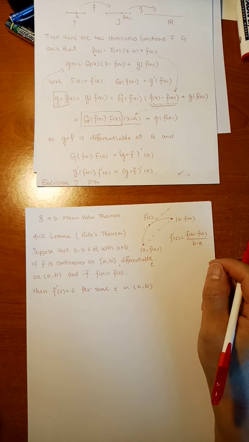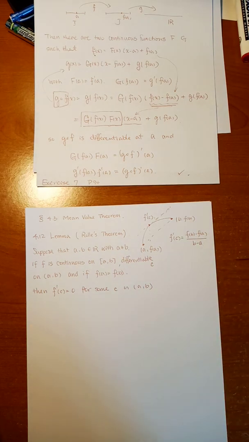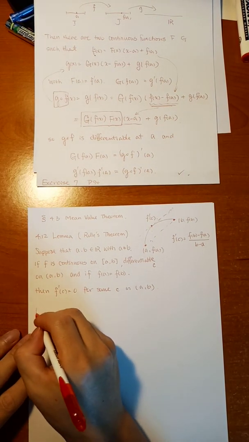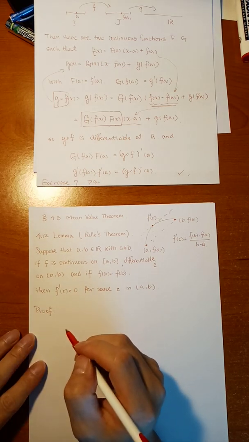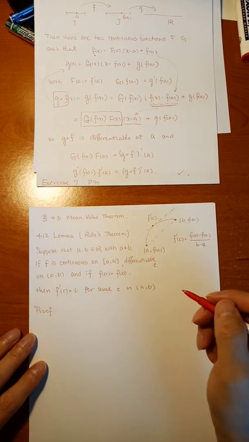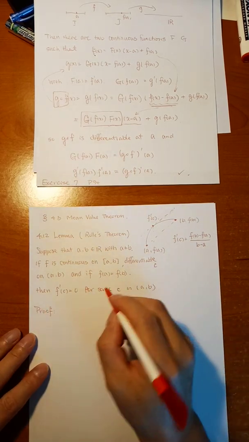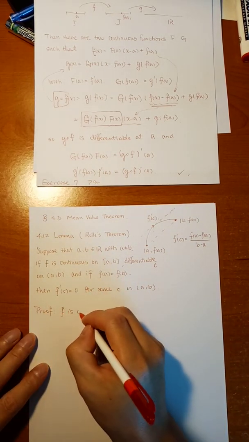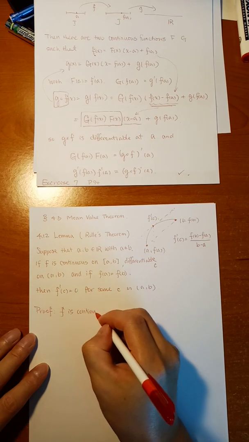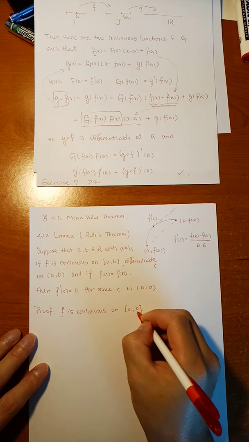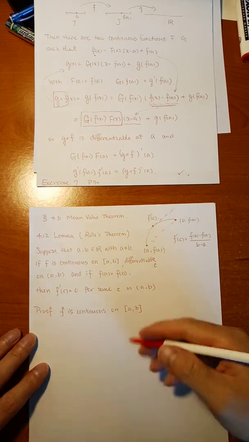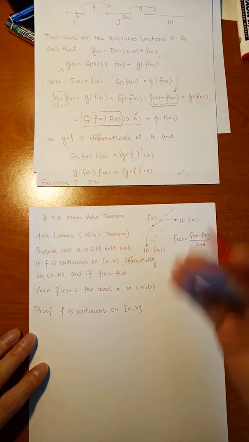Okay, so how do we prove this? First, f is continuous over the closed interval. Every function continuous over a closed interval has an absolute max and absolute min, finite.